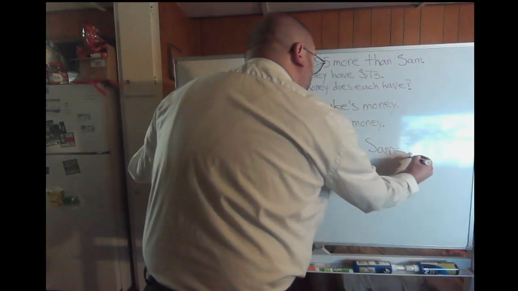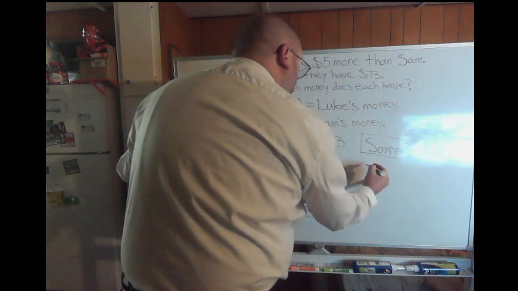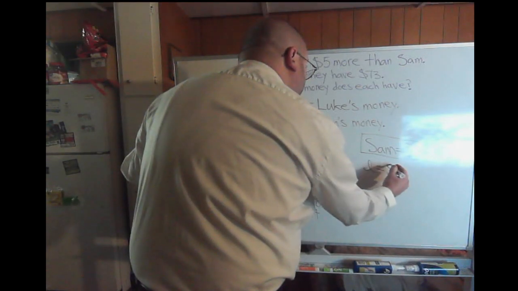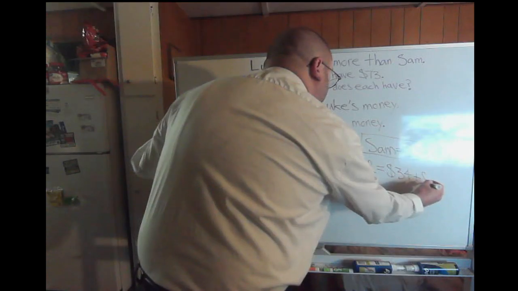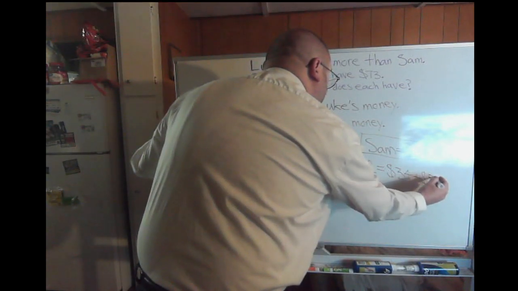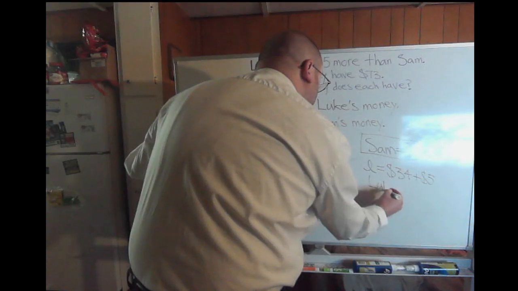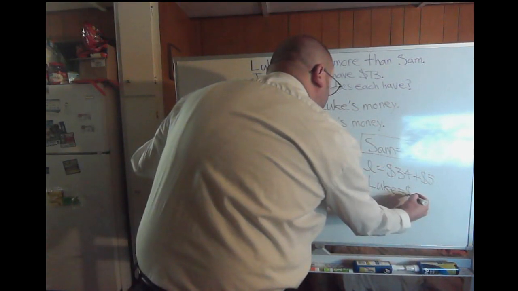Then we know Luke's is equal to Sam's, which is $34 plus 5. He's got $5 more than Sam. Well, 34 plus 5 is 39, so Luke would have $39.